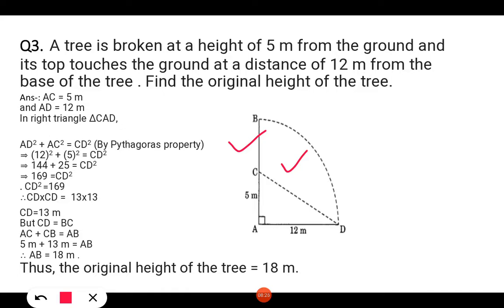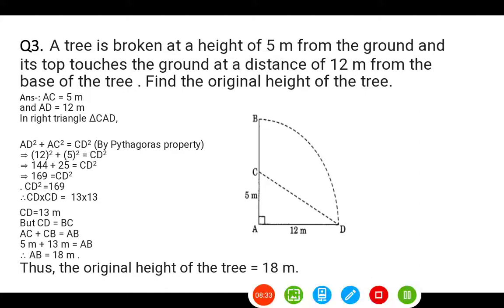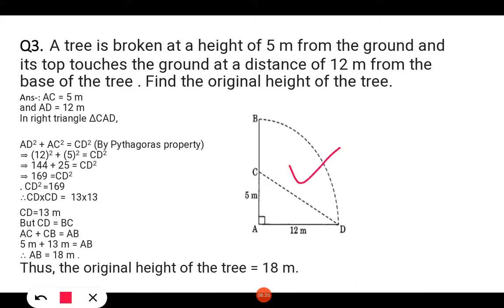So applying Pythagoras property in right angle triangle CAD, we have CD square equal to 12 square plus 5 square.